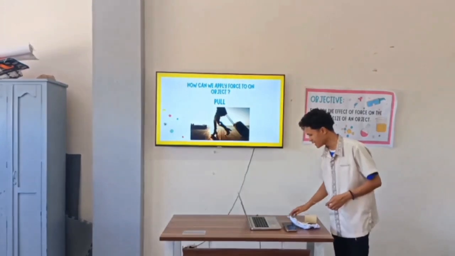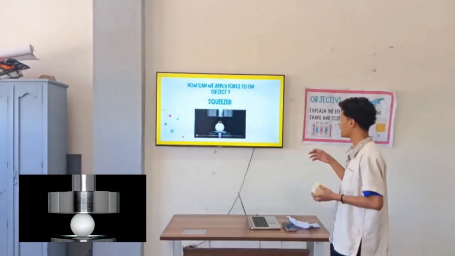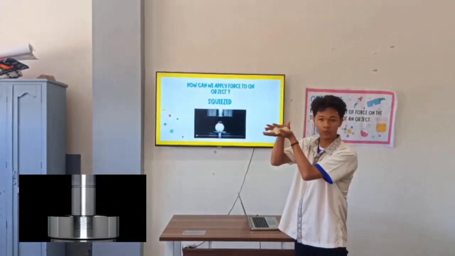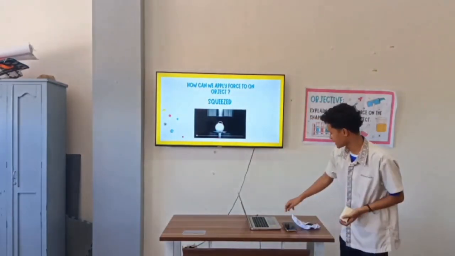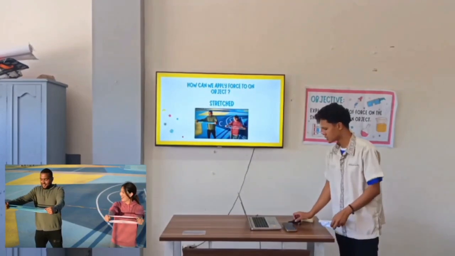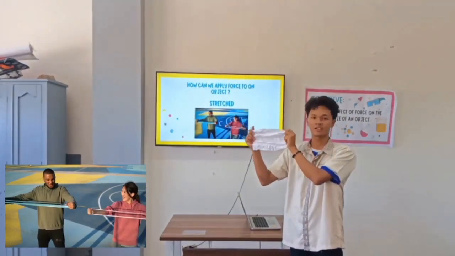The next one is squeeze. You can apply force on an object by squeezing, like what we did earlier. Then the next one is stretch. From crumpled to stretched, it changes its size.